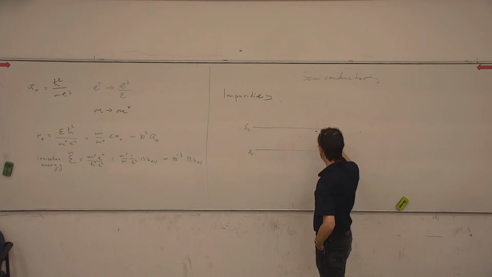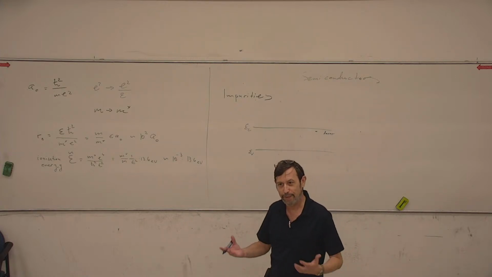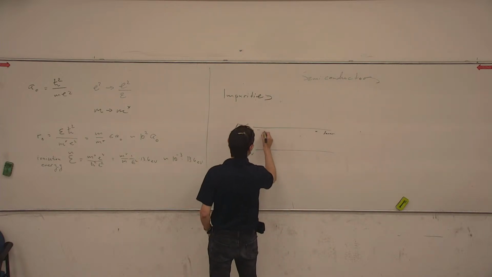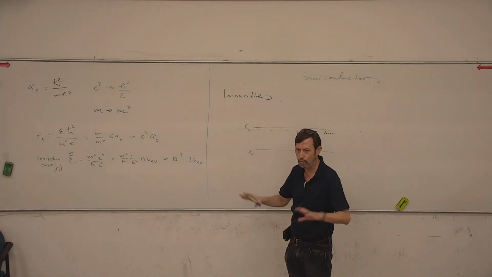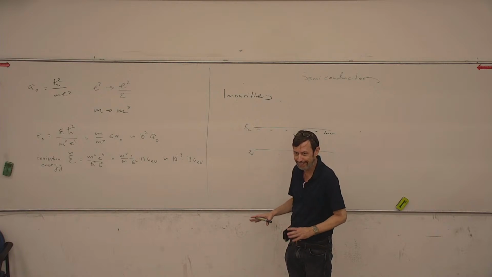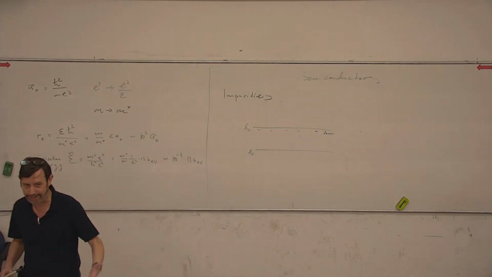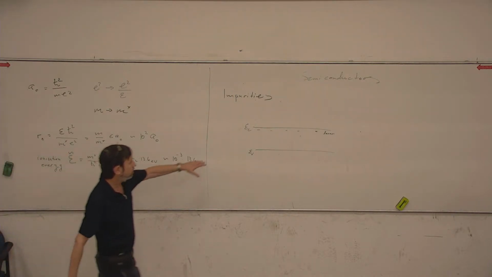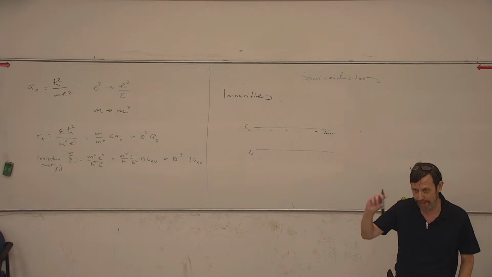Of course, usually I have a bit more than one donor. So I'll have one here and one here and one here, and I assume that they don't interact. It's still a low percentage of donors. For typical semiconductors, 10 to the minus 5, 10 to the minus 6 of the number of atoms are replaced by donor atoms. So they exist everywhere, and I have a donor band a bit below the conduction band.